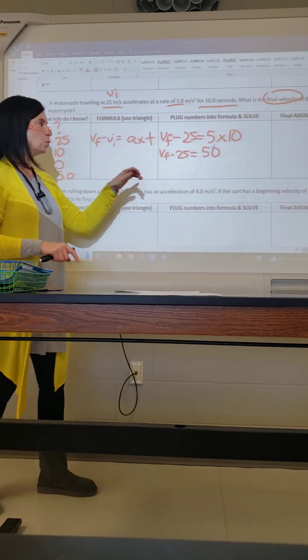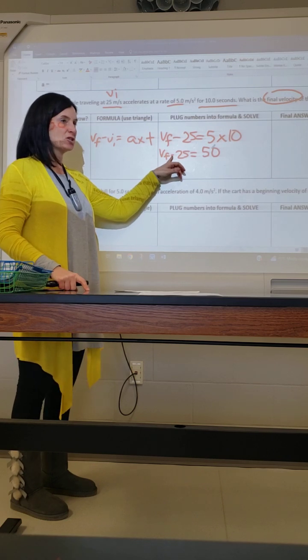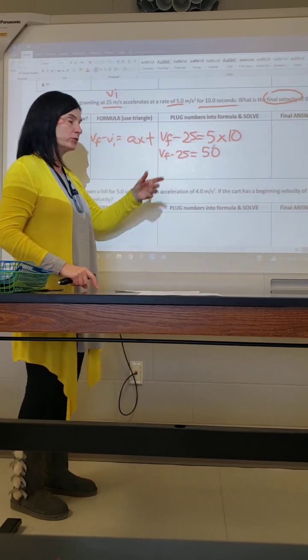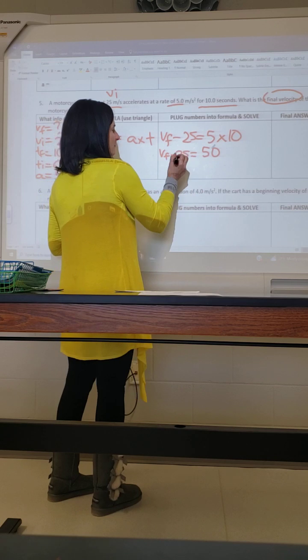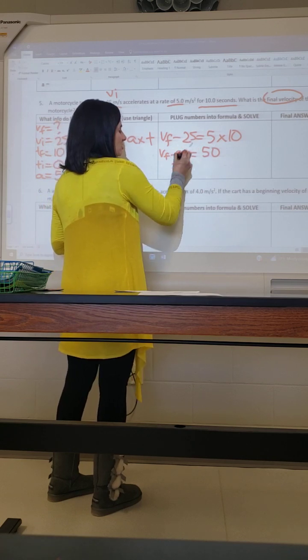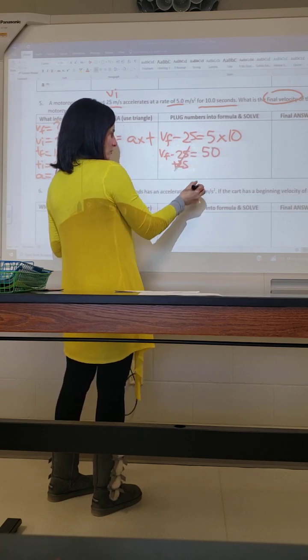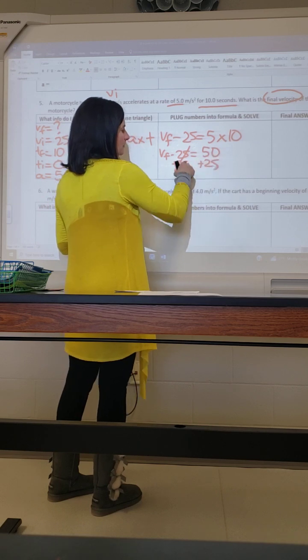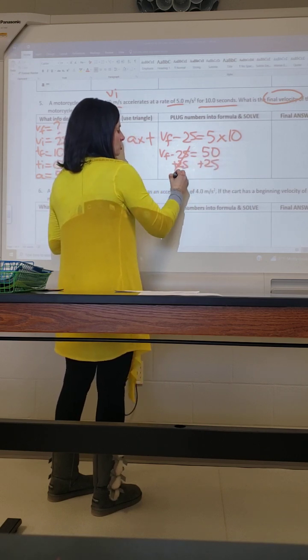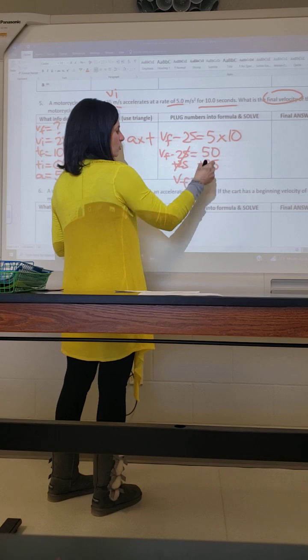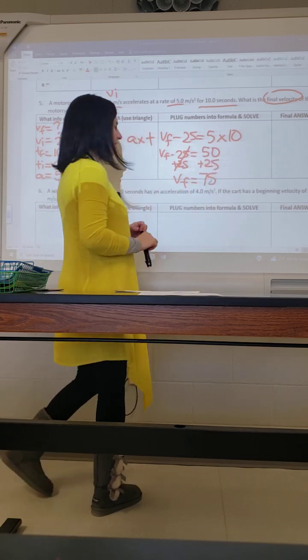Add 25. We're gonna do the inverse of subtraction. The opposite of that, or inverse, is addition. So if I have minus 25, I'm gonna add 25 to both sides, because that's the rules of algebra. And this is the most common step that people miss. So I end up with VF equals 75.